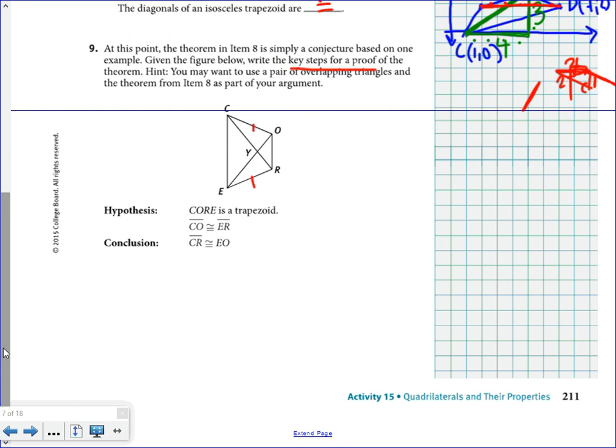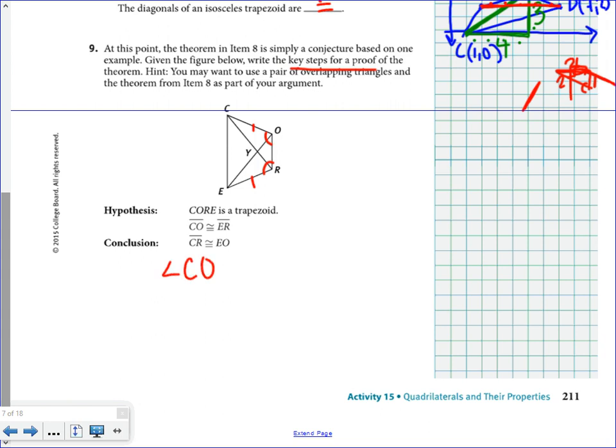That means that we have an isosceles trapezoid, which means that we have to have congruent base angles. So this angle is congruent and that angle is congruent, but those aren't the ones that we're going to want to use. We're going to want to use the angles at these two corners.